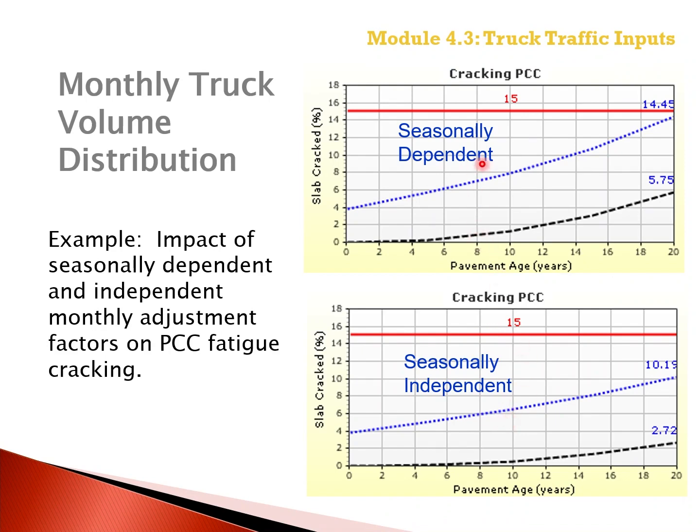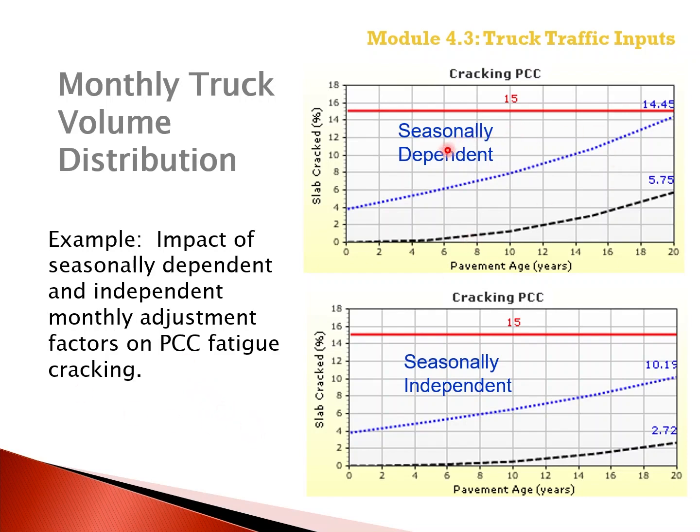And so this slide is simply looking at the impact on cracking when we have seasonally dependent and independent monthly adjustment factors for Portland cement concrete fatigue cracking of a jointed plane concrete pavement.